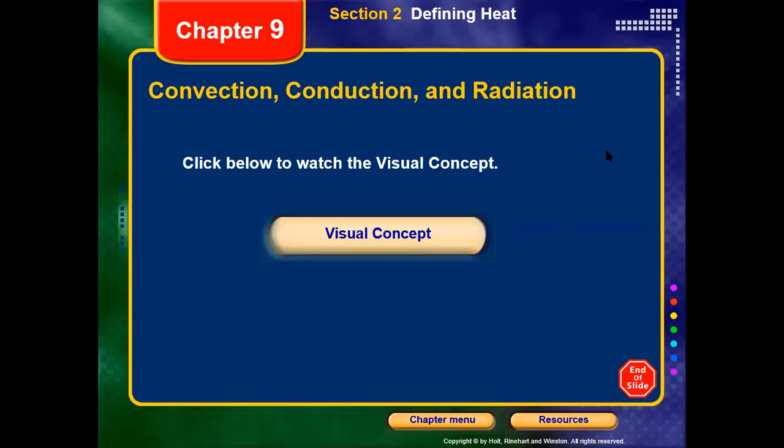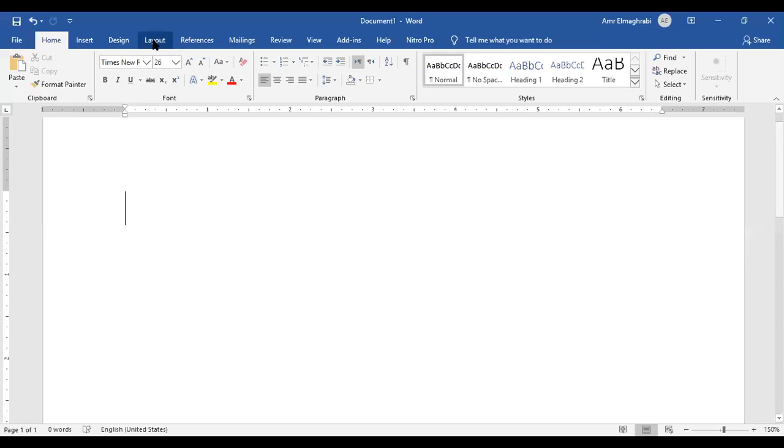Let's go back to our PowerPoint. Before going to the PowerPoint, I want to make sure that you understand the difference between conduction, convection, and radiation. I will draw something and let's see if you know the difference between the three cases.